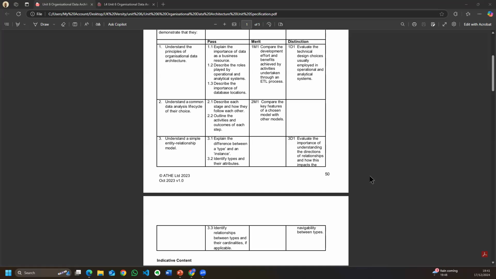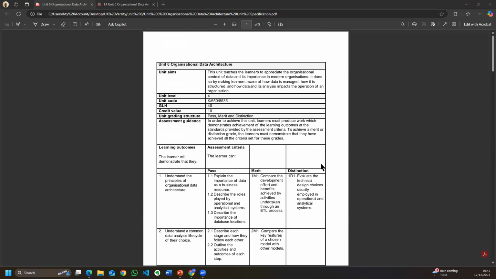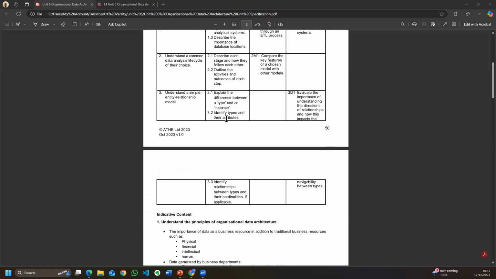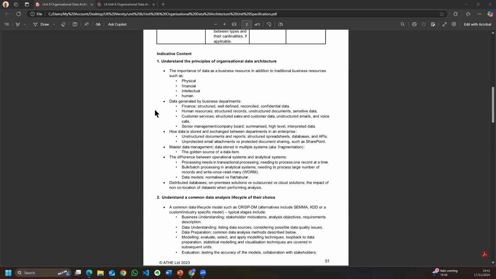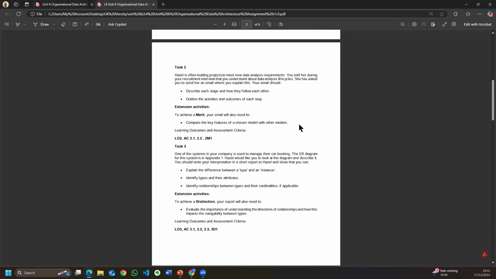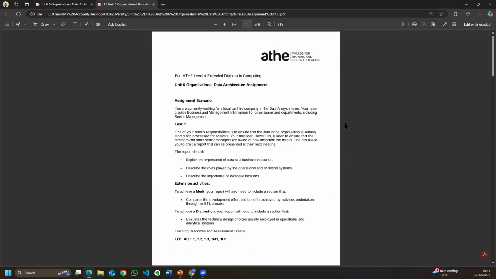So we looked into database management systems and all the concepts related to entities and attributes. Now we have all the information we require to write our assignment.